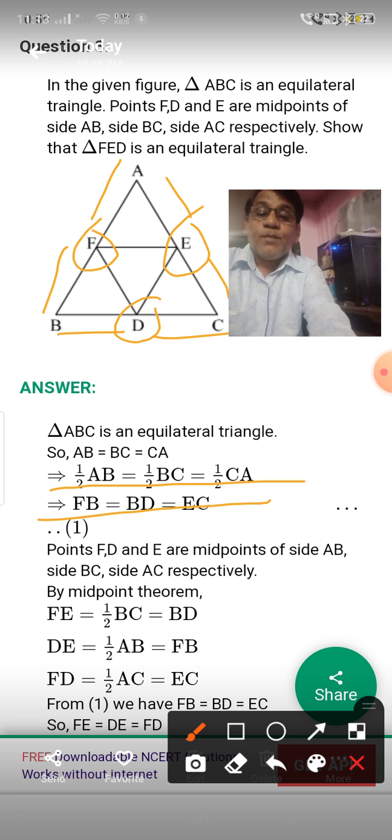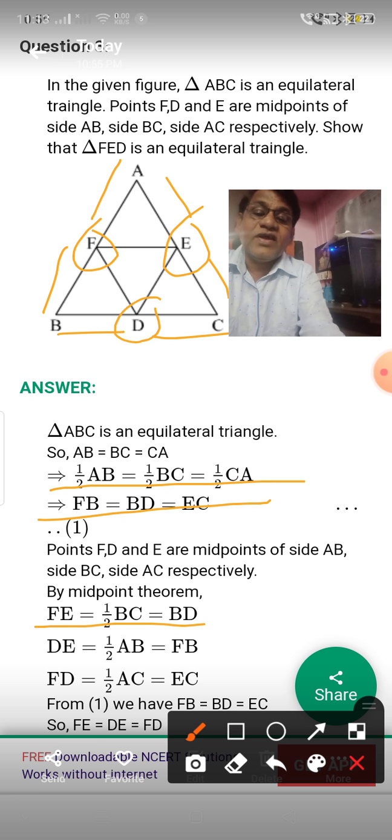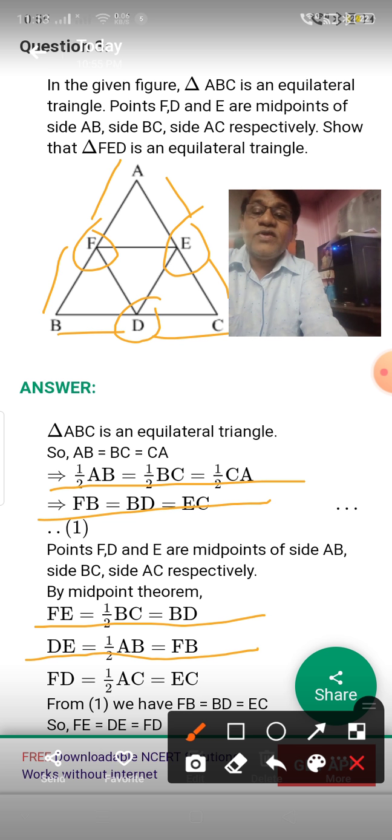Points F, D and E are the midpoints of side AB, side BC and side AC respectively. So by the midpoint theorem, FE is equal to half of BC. Half of BC means BD, DE is equal to half of AB, which means FB, and FD is equal to half of AC, which means EC.